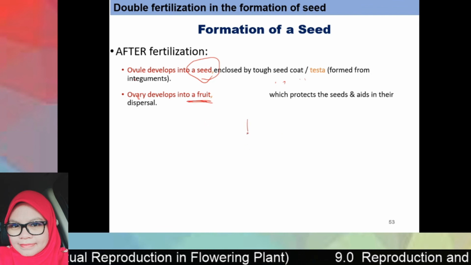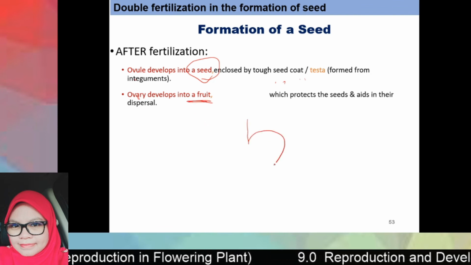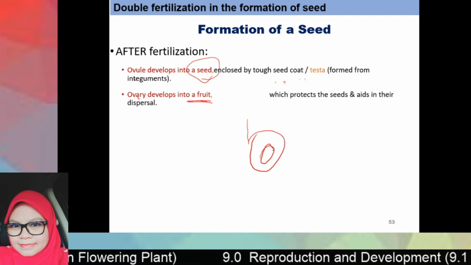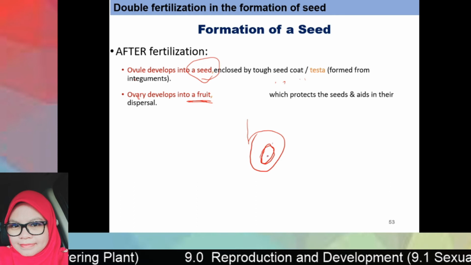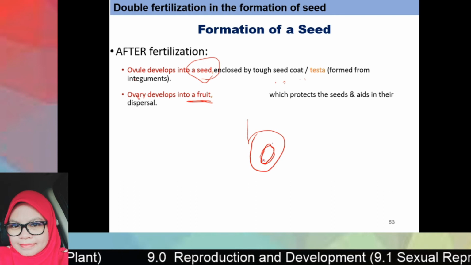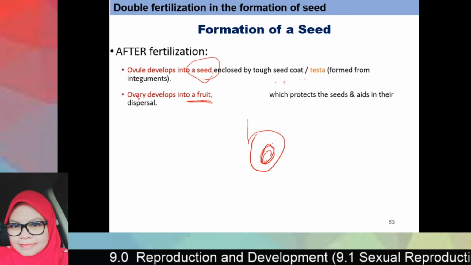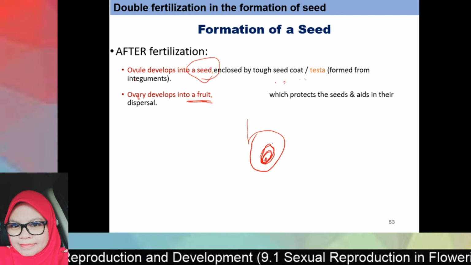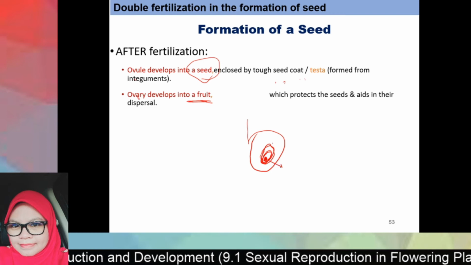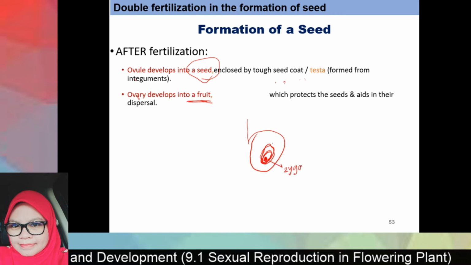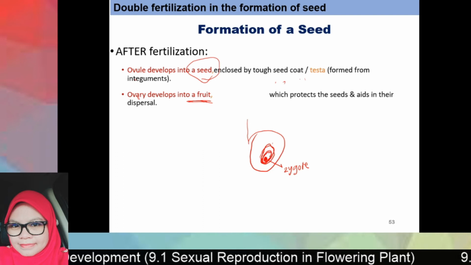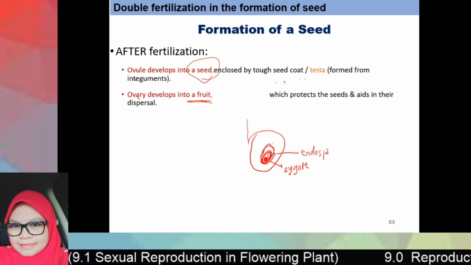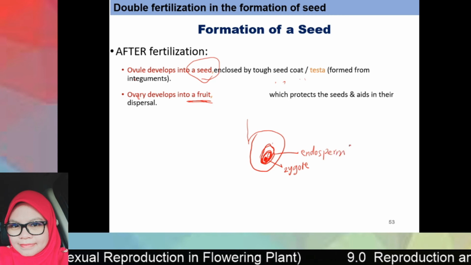So remember, this is the ovary structure, and in the ovary there is the ovule. And in the ovule we have the embryo sac, where double fertilization produces the zygote and the endosperm. Okay, again.